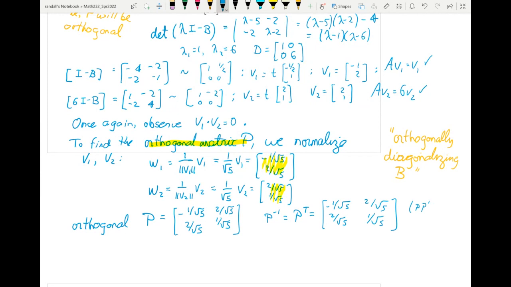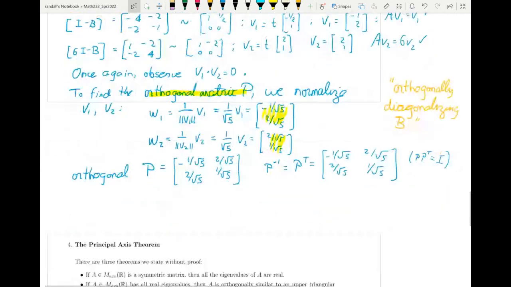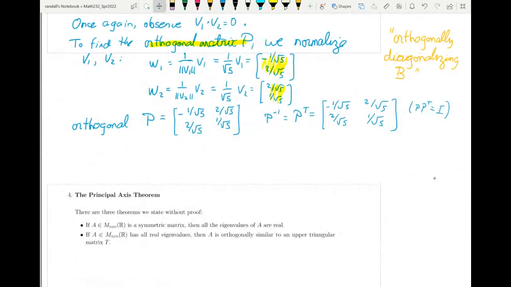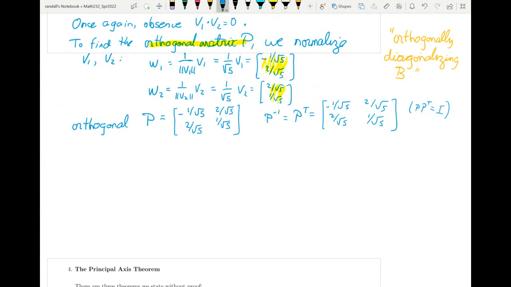So P PT equals I. Okay, you can check that. So now we write down, we're done. I mean, that's the orthogonal matrix that diagonalizes B. Okay, so maybe I'll just write that down because you hear this kind of lingo.